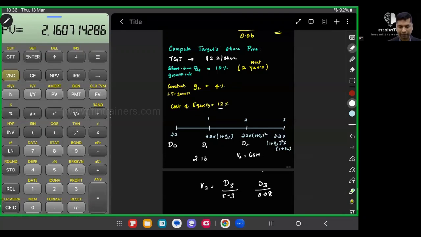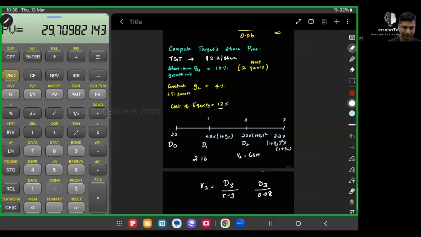In the second year, I have two things. I have my dividend, but I also have the second year share price that we calculated, which is 34.6. We have to add them both, right? And you get 37.268. That is going to be your FV. Change your N to 2 and compute your PV, 29.70.